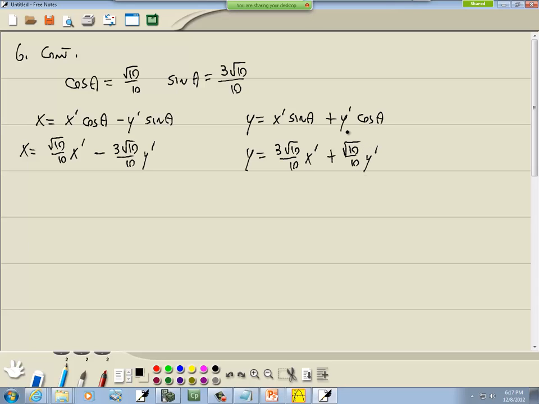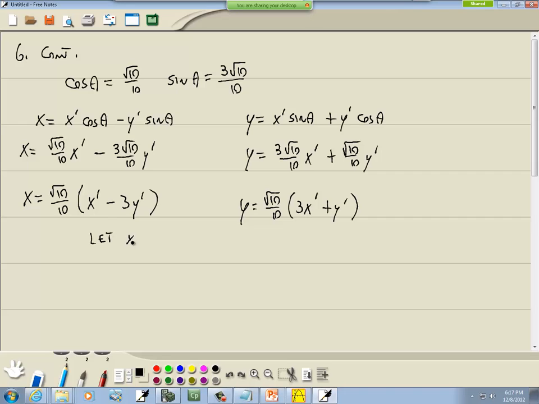Well, let's factor out what they have in common. They both have square root of 10 over 10, so I can factor that out. And that leaves us x prime minus 3 y prime. And on this one, we'll factor out a square root of 10 over 10, and that gives us 3x prime plus y prime.